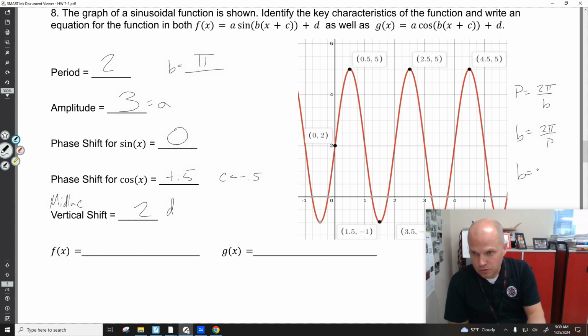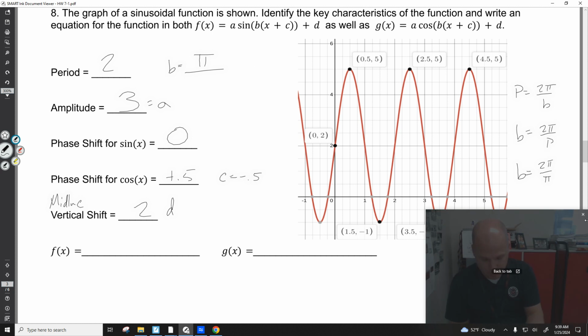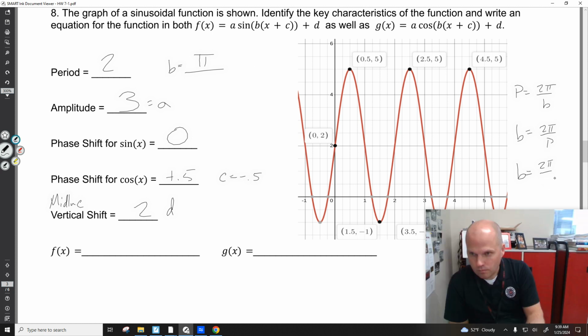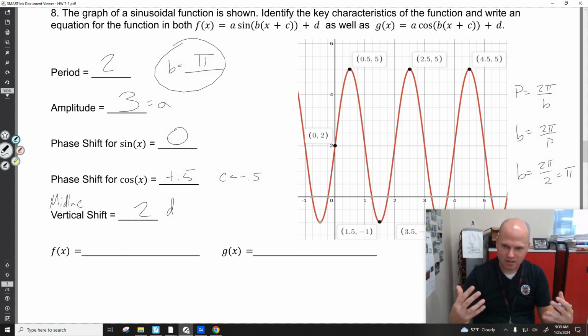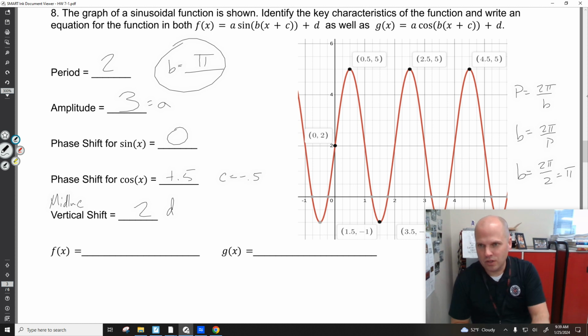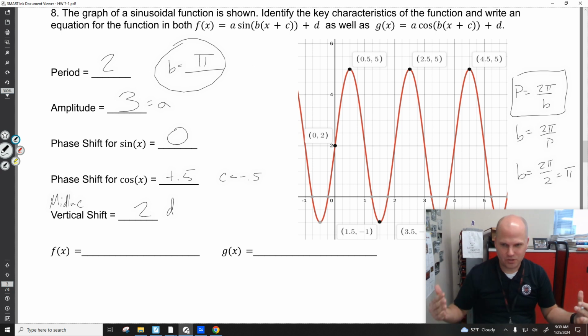I have 2 pi divided by the period of 2 to get my B value, pi. It works out whether you think about it with our knowledge of dilations and transformations, or you go with this and don't forget about horizontal dilations, okay?